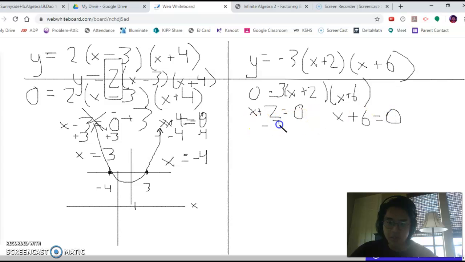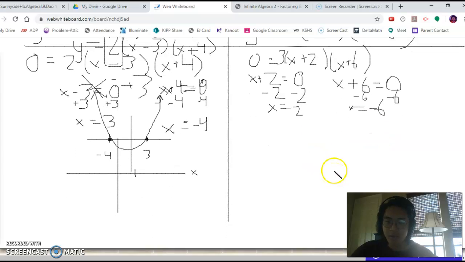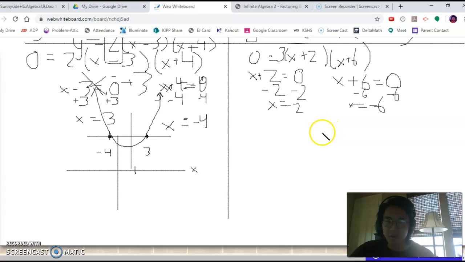Anyways, if I subtract 2 from each side, I can get x equals -2. If I subtract 6 from each side, I can get x equals -6. And if I plot this on a graph, we have -2 here and -6 over here.